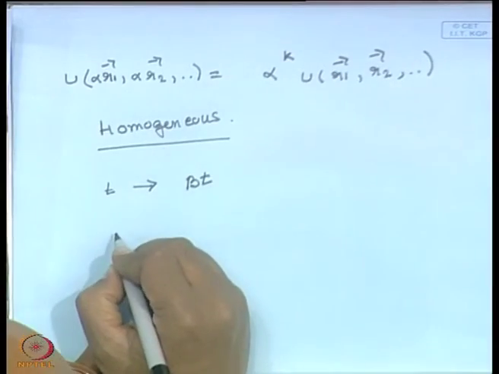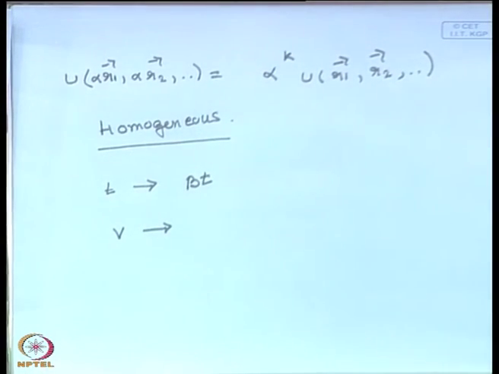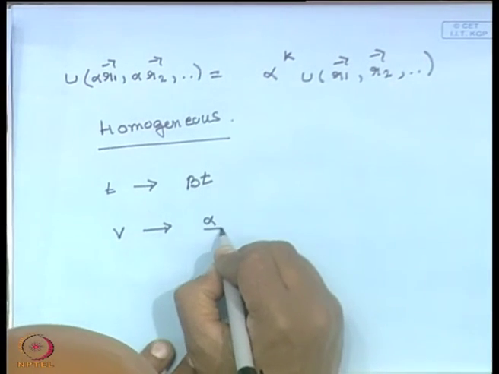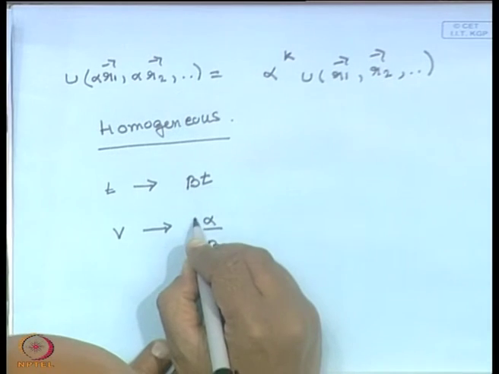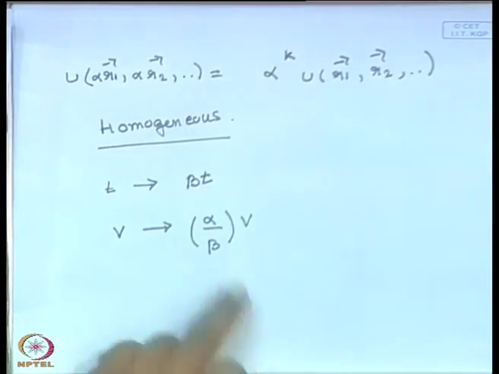Okay. So, the velocity under this transformation will go to alpha by beta. Velocity is r by t, so r has changed to alpha r, t has changed to beta t, so the velocity will go to this. And we would like the whole Lagrangian to become the original Lagrangian multiplied by a number.